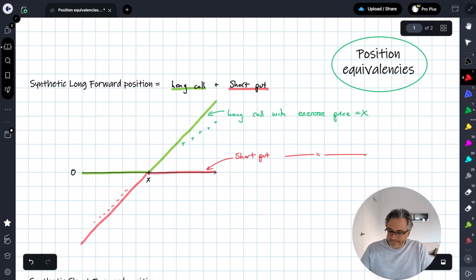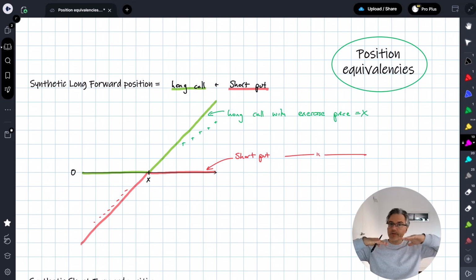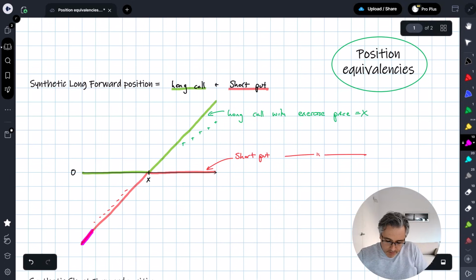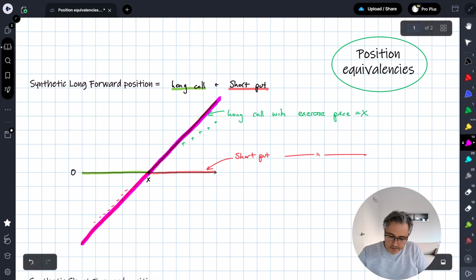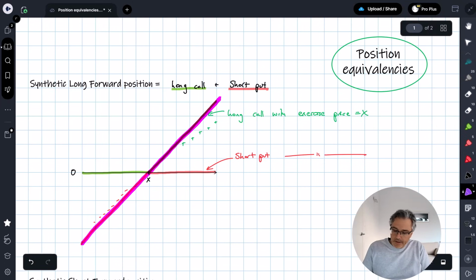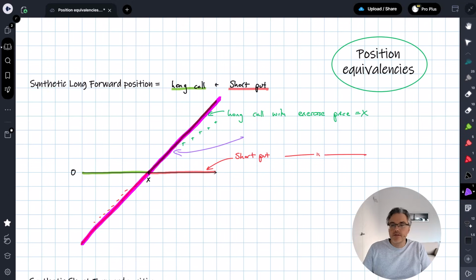So when we combine these two, the flat lines at zero cancel out, they're irrelevant, but what you're left with is this diagonal line at a 45-degree angle, and that basically is your long forward position, long forward with a forward price of X.